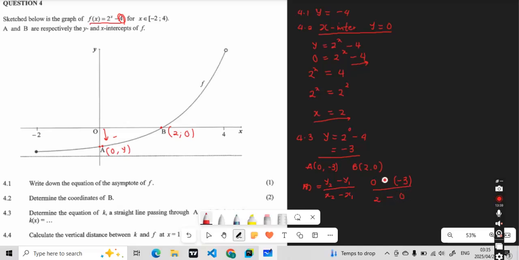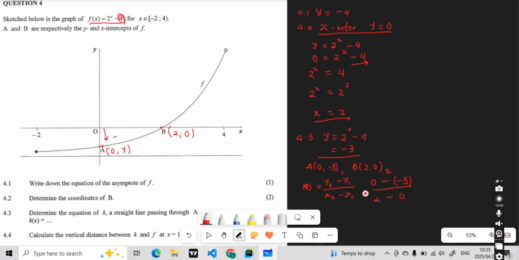You must make sure that whenever you start with this one, if you make B the 2, it must be y2 as well as x2. To be safe, we can even mark them here and say this is 2 and this is 1, so that when you substitute here you don't make mistakes.